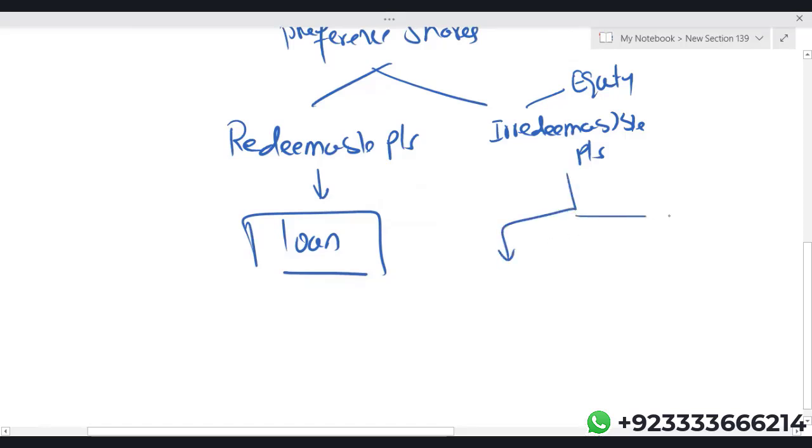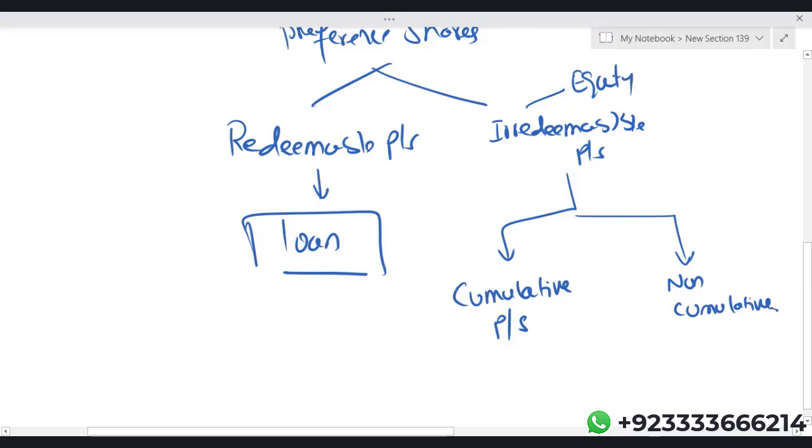There are two types of irredeemable preference shares, cumulative and non-cumulative. Simple concept.